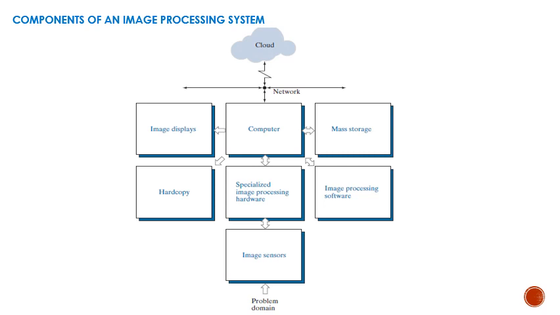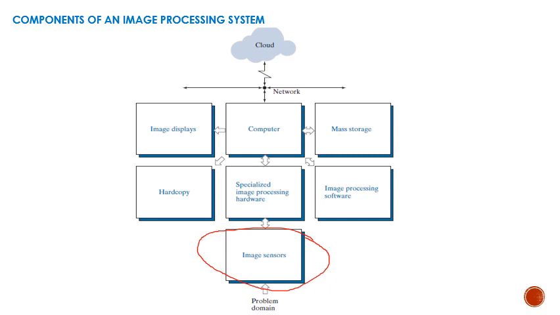The first component is the image sensor, what you can see below. When we speak of sensing, we need two elements to acquire digital images. One is a device, a sensor, which is sensitive to the energy radiated by the object we wish to image.